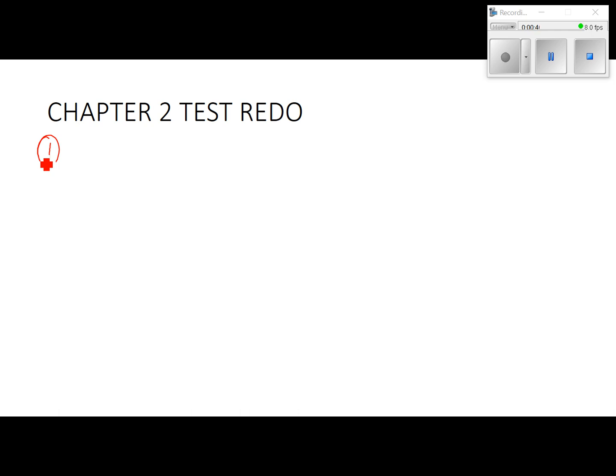Number one says, ray AB divides angle CAD into two angles. So we got some ray, and that's what I'm talking about, these stray marks. We got some ray that comes through here and splits the angle into two angles. It's ray AB, and we got angle CAD.